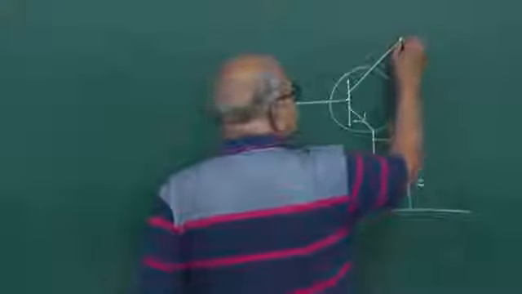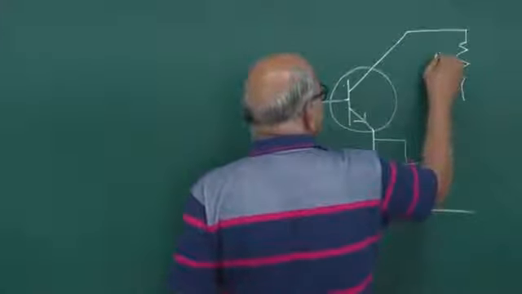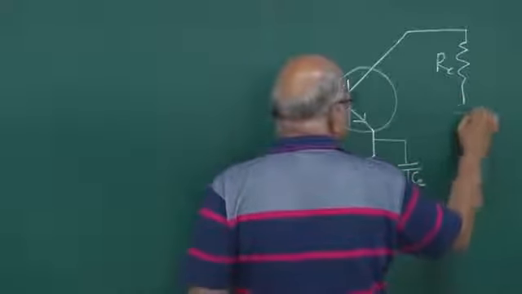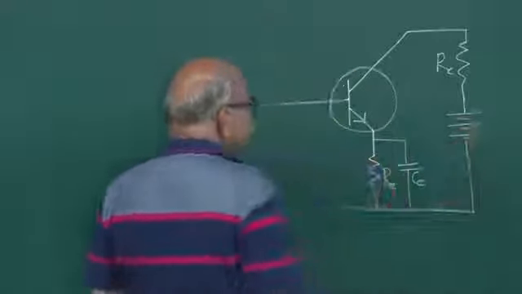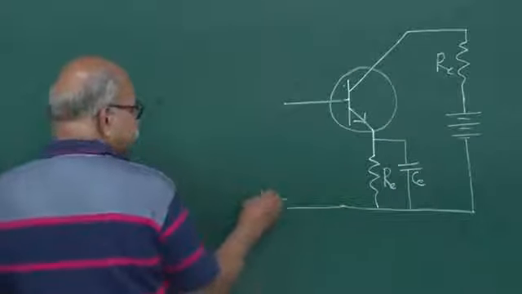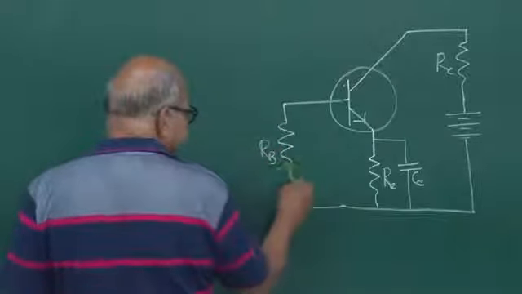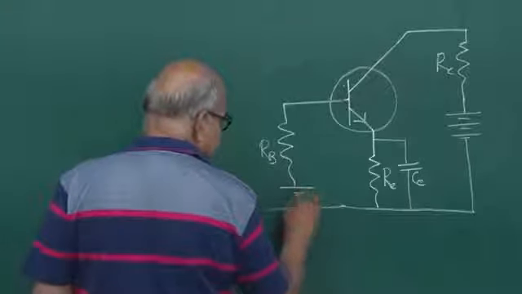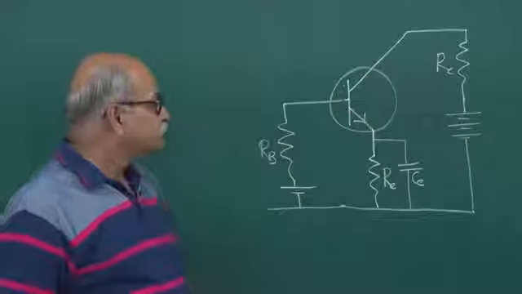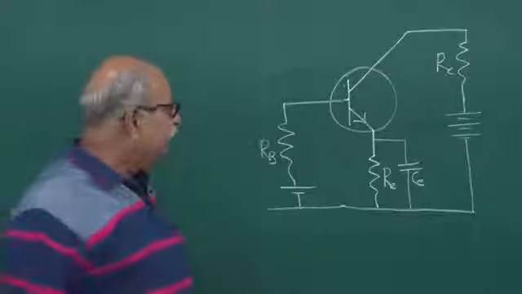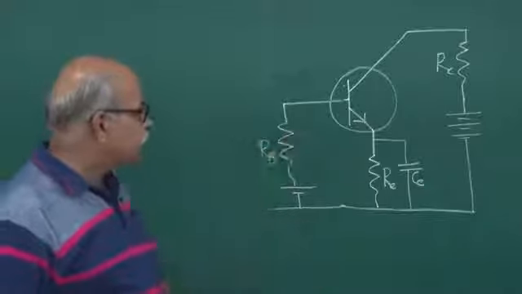So we put up a resistance RC, and then the bias voltage here. On this side we have this RB resistance, and then we put a biasing voltage once again here. So this is the basic configuration of this amplifier. This we had discussed in detail. There are some more modifications, but basically this is the thing.